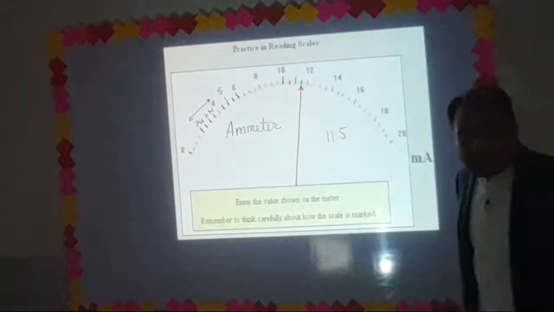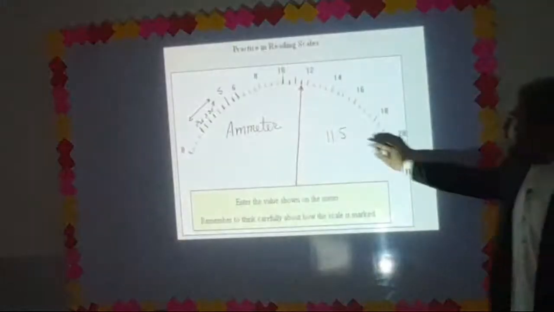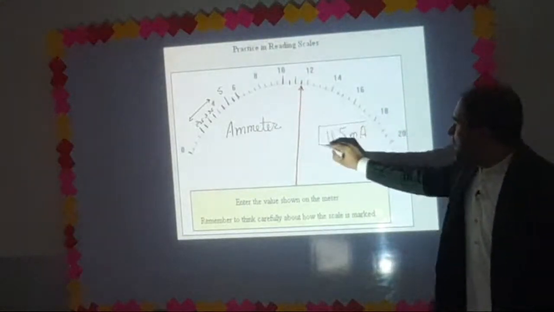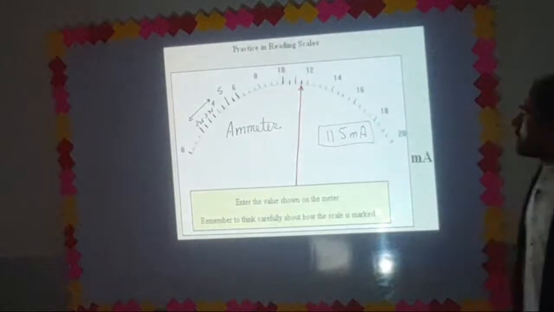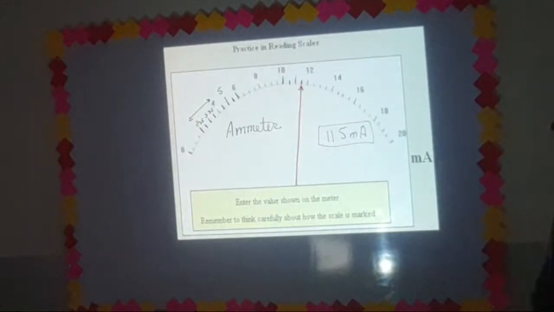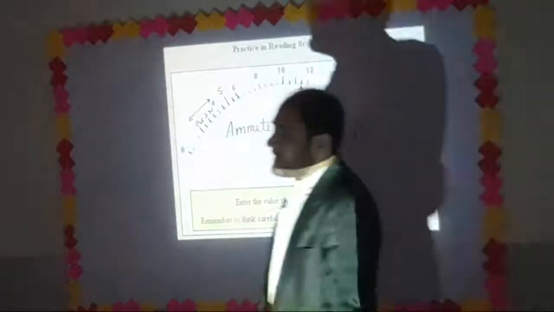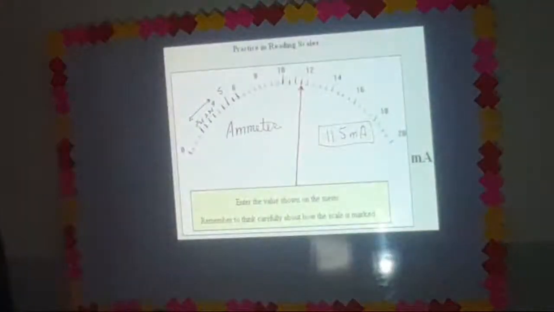The third important point is you must write the unit. If you do not write the unit, you will not be awarded any mark. So the reading is 11.5 milliampere. Is it clear? Have a look. 11.5 milliampere. Got it.